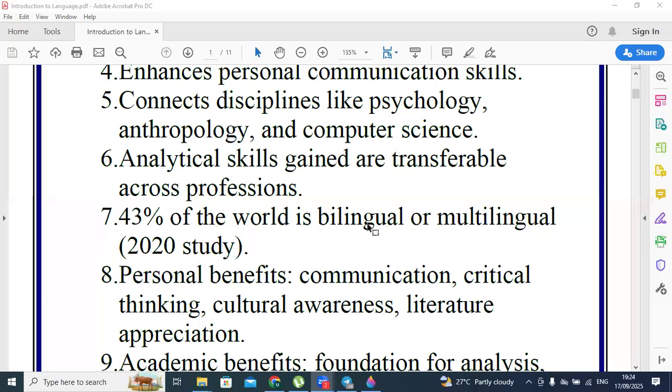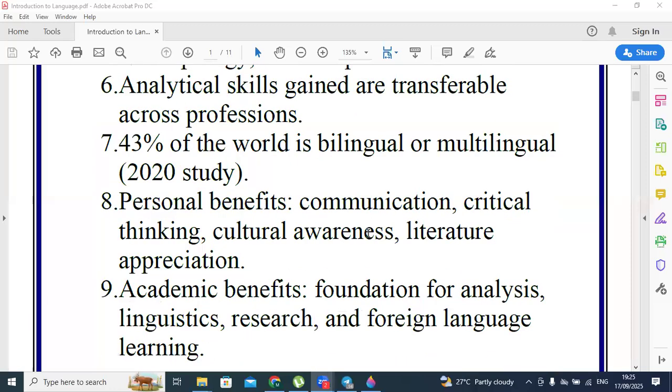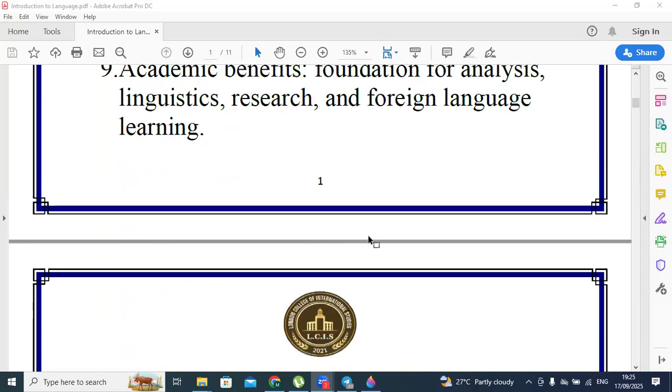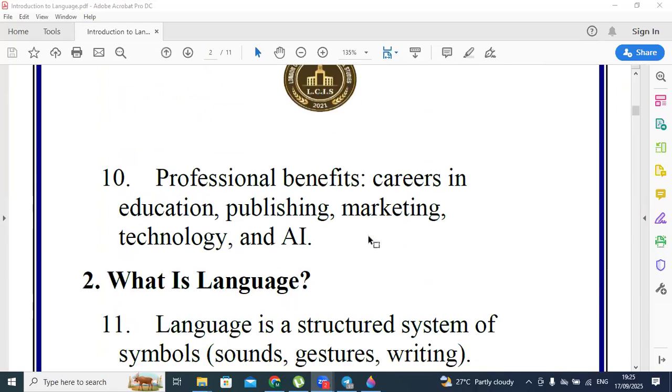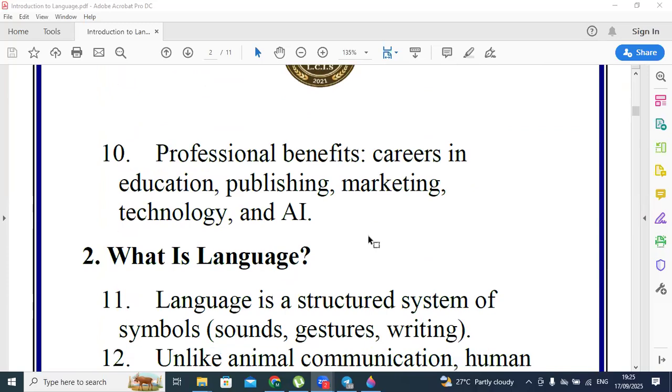Academic benefits: foundation for analysis, linguistics, research, and foreign language learning. Professional benefits: careers in education, publishing, marketing, technology, and AI.